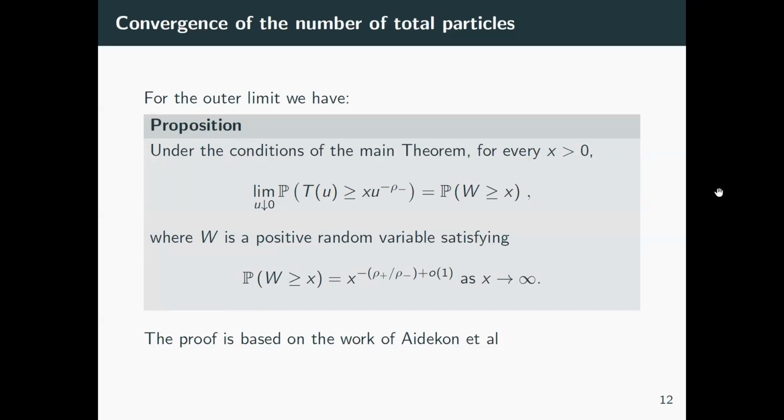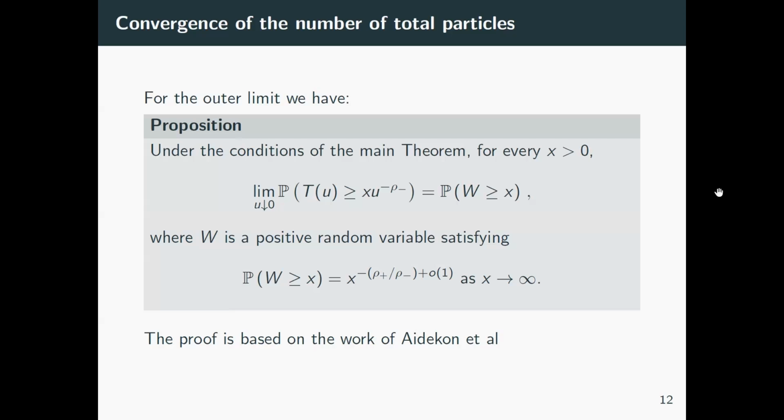If you look at T(u), the number of particles in the killed branching random walk, and you scale this number of alive particles with u to the power of rho minus, and then send u to 0, then this will converge in distribution to this random variable W I promised you in the main theorem. And this random variable W actually also has these asymptotic tails. I don't want to go into the proof, but the idea of this proof is based on a paper on killed branching random walks and work of Iksanov and two other authors.